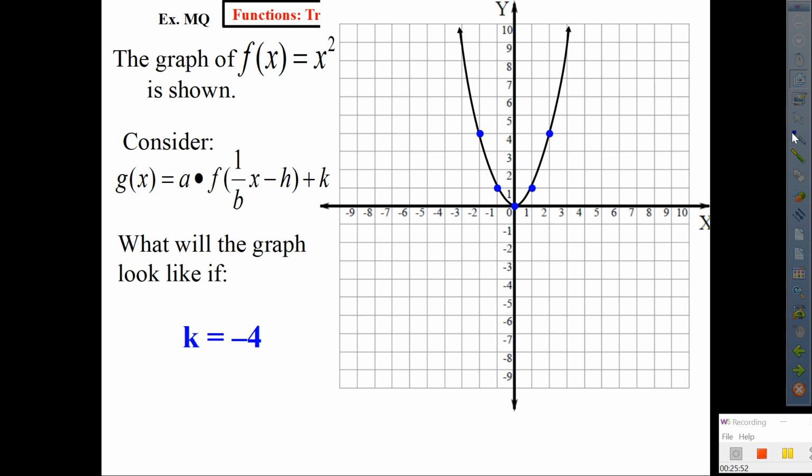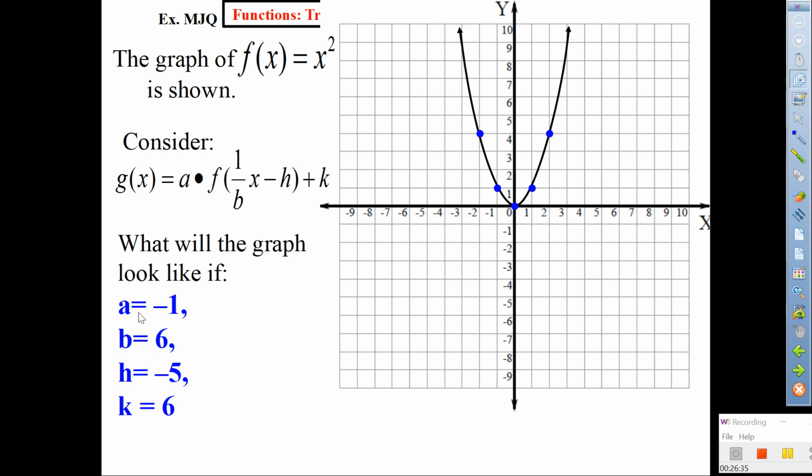Sky, what is A going to do? Upside down or flip, yes. How about B? Pamela. Stretch horizontally, that is correct. How about H? Rachel. Left, 5 steps, and K, everyone? 6 up, yes.